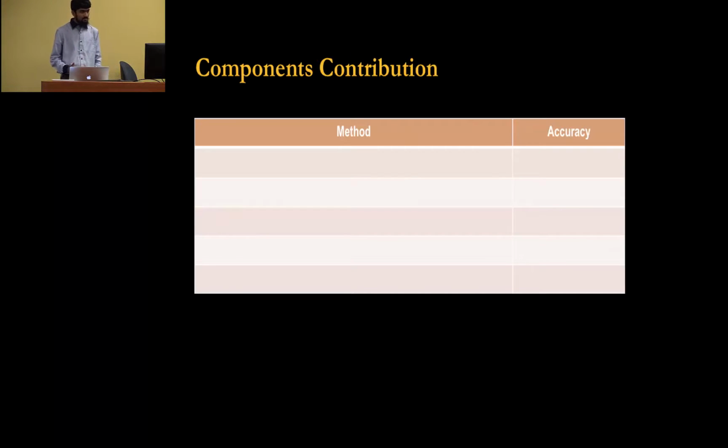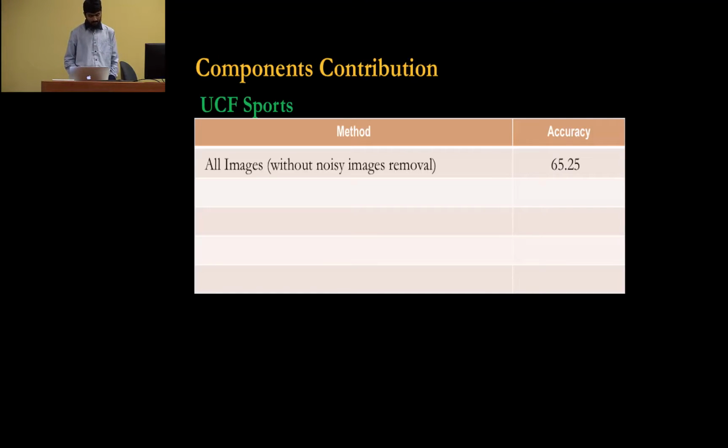As you have observed, our method has several components. So we have analyzed each component to see how much it contributes to the final accuracy. We used all the images without noise removal and got 65%, and after noise removal we get 68% localization accuracy, which means that removing the noise from the images helps.